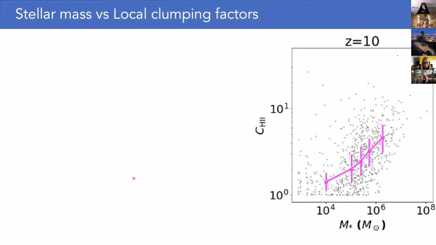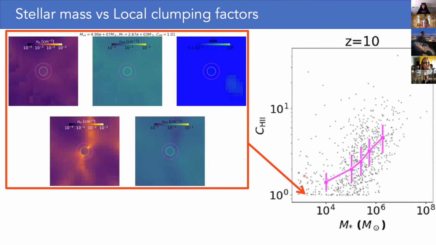I'm currently looking at why massive galaxies or halos have high clumping factors. And I will give you some examples of projected images in the local regions around halos. First, in the low mass regime, many halos have low clumping factor. And this is an example of one halo in this regime.